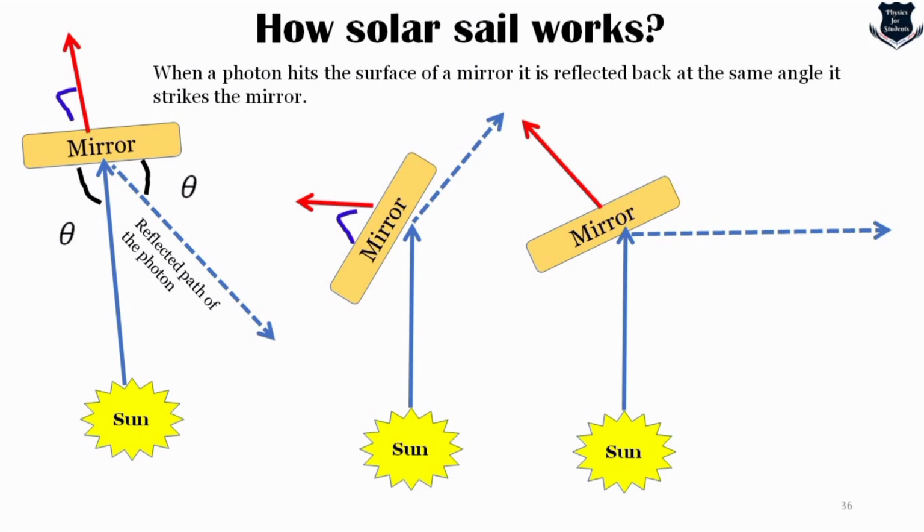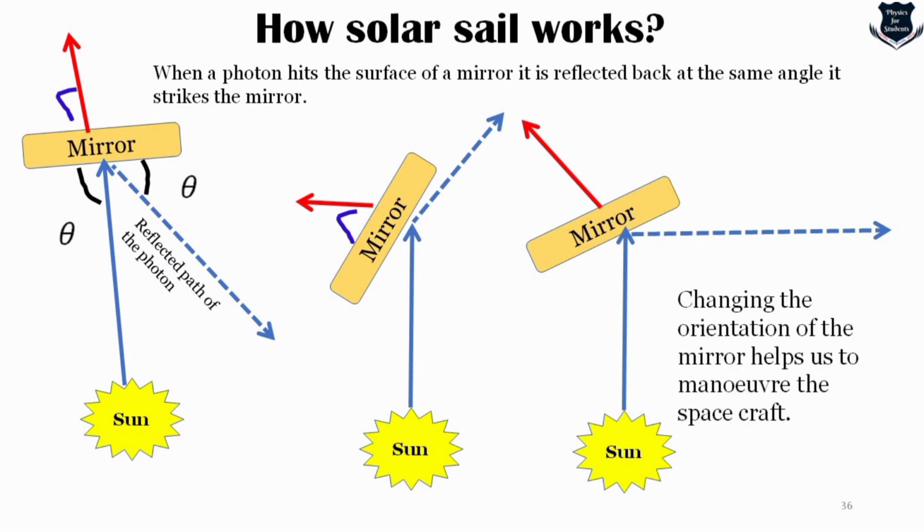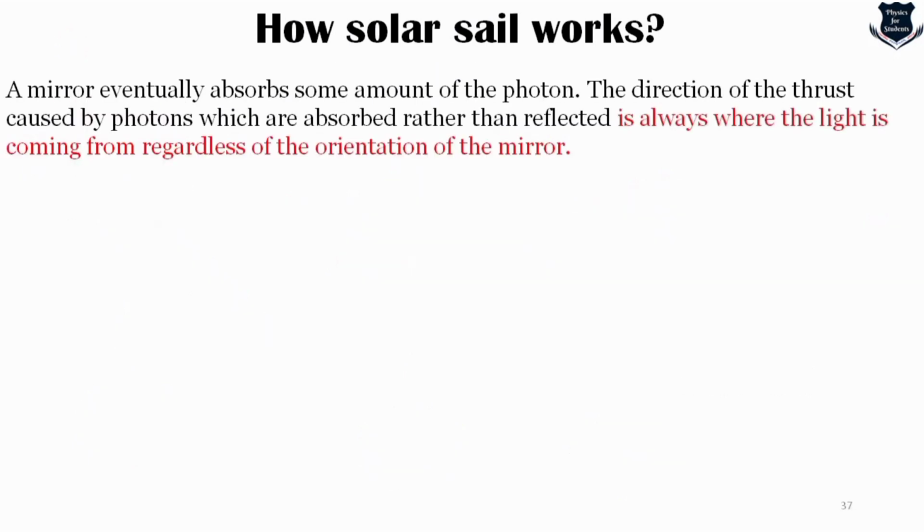So the basic idea behind the solar sail is that by angling the mirror and calculating the angles, we can push and thrust the sail of a spaceship and maneuver it in different directions. Changing the orientation of the mirror helps us to maneuver the spacecraft.